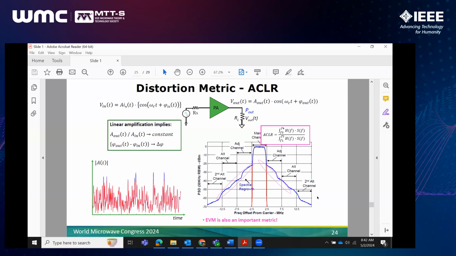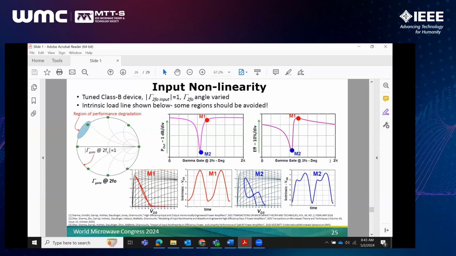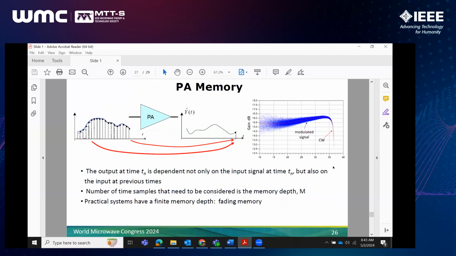So this results in increased or new spectral components outside our main channel, and the ratio of the power of these adjacent channels or alternate channels to that of the main channel, with some appropriate filtering applied depending on which system we're operating in, is defined as the adjacent channel leakage ratio. Moving to slide 26.